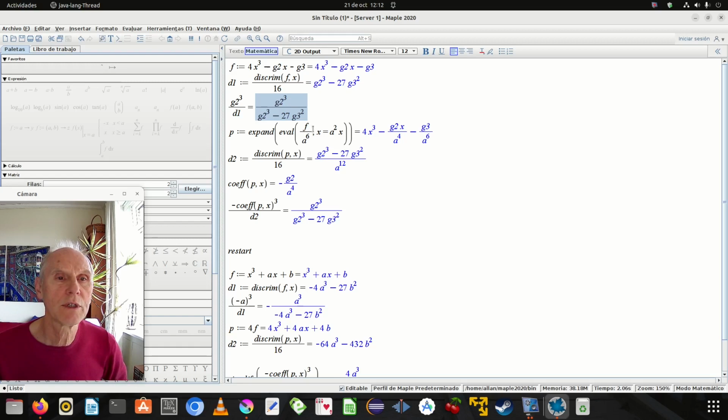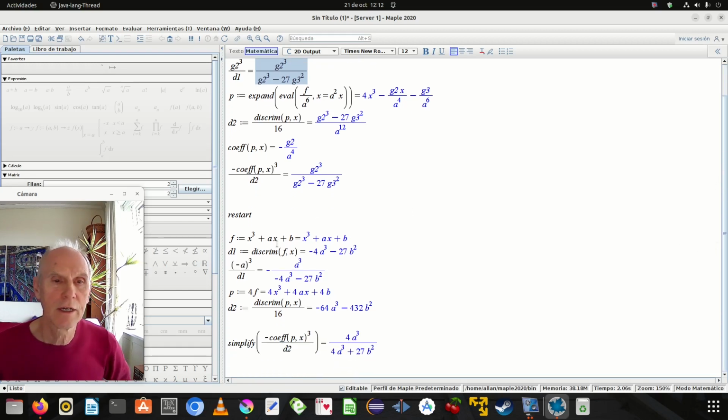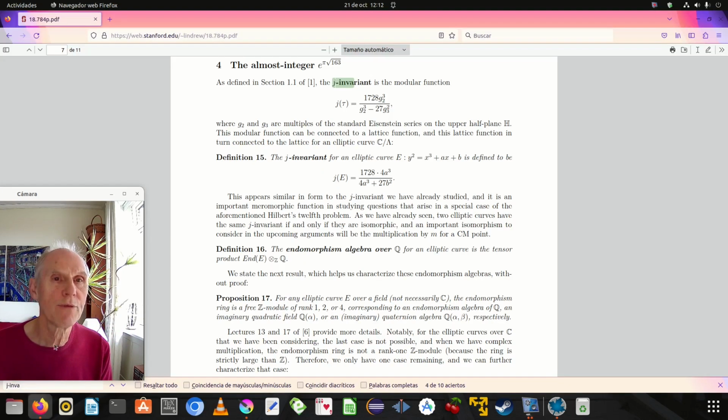Then I tried to do the same with a polynomial of this form, and I divided the discriminant by 16 because then the result gives something that looks reasonable, and that was exactly what I found in this paper from Stanford University.